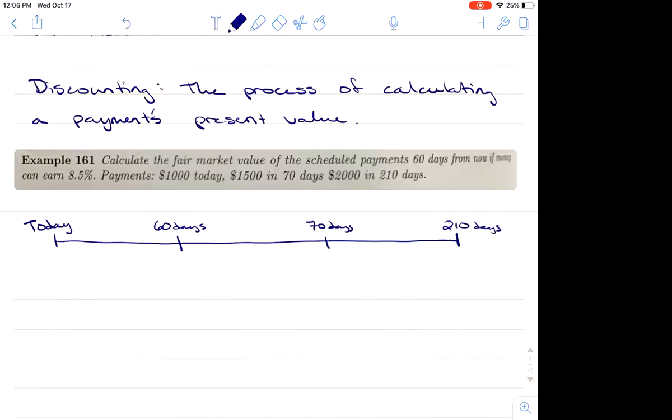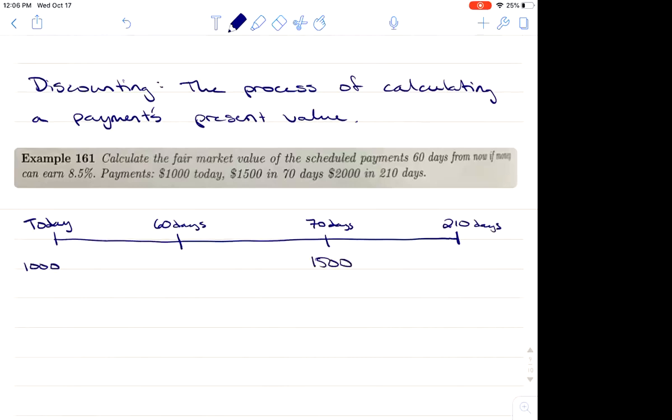So let's put these payment amounts on here. All right, so we have payments of $1,000 today, $1,500 in 70 days, and $2,000 in 210 days. So far, so good.